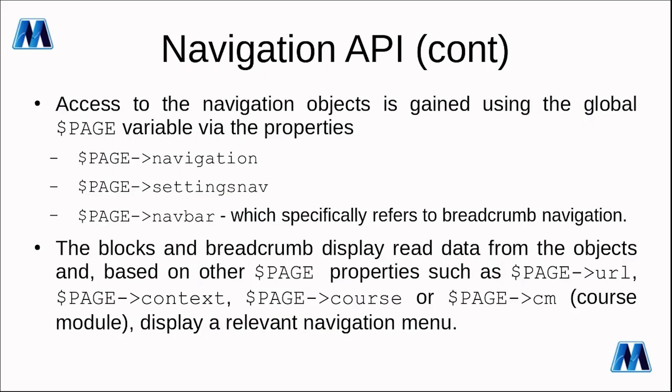So access to navigation objects is gained via the global page variable. Okay. And then you've got the three settings. You've got the navigation, which is the main navigations, the settings nav, which is the settings navigation, and the navbar, which is specifically the breadcrumb navigation.